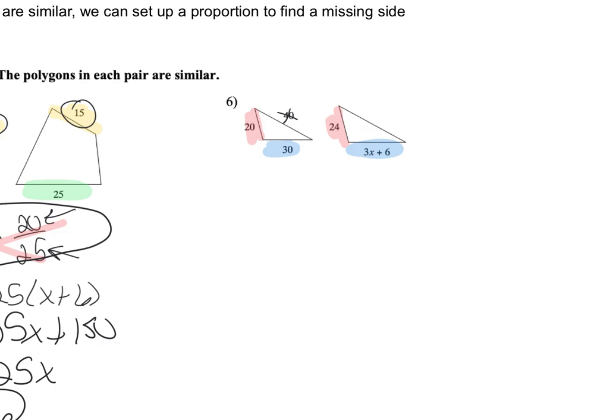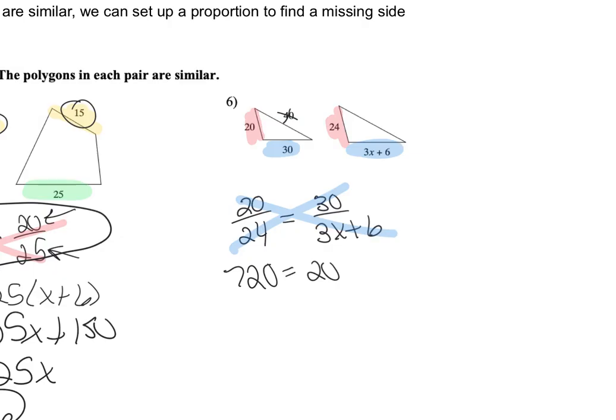Then we are just going to set up our proportion. I'm going to go pink over pink, so I'm going to go 20 over 24. And then we are going to go blue over blue, so we are going to go 30 over 3x plus 6. Then we do that cross product once again, diagonally. 24 times 30 is 720.